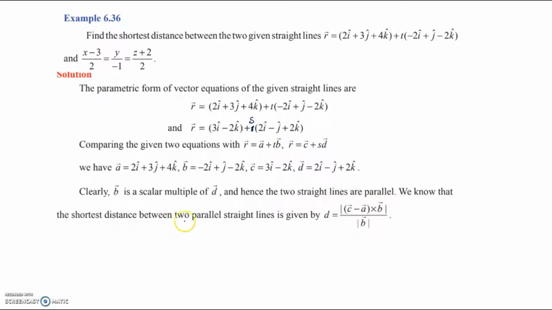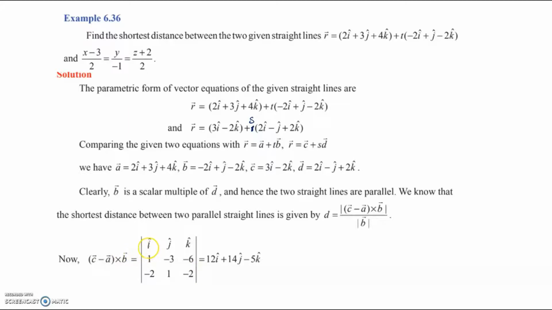And we know that the shortest distance for two parallel straight lines is given by the formula d is equal to this. So we need to find c minus a vector cross product with vector b, divided by the magnitude of b. So c minus a vector cross product with vector b is given by this determinant.